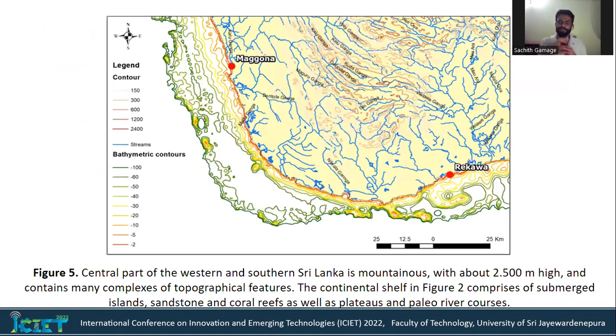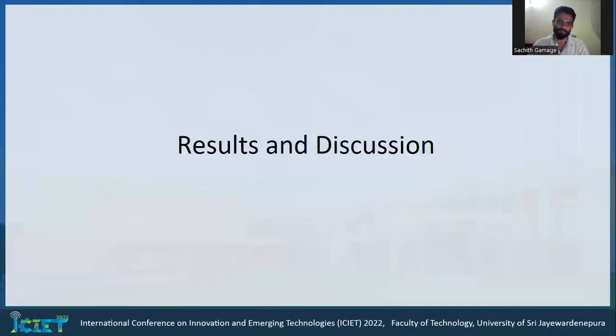This image shows the important contours and bathymetric contours in the study area. Understanding this contour data is important for proper management of a particular site. So we will move on to the results and discussion.